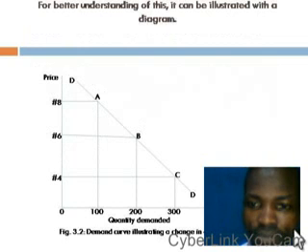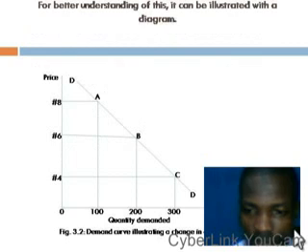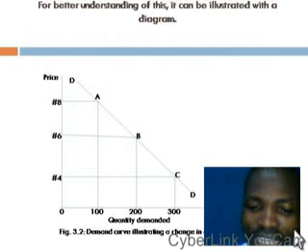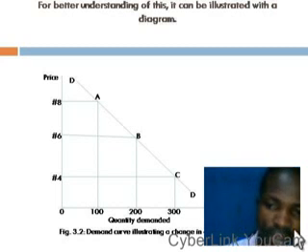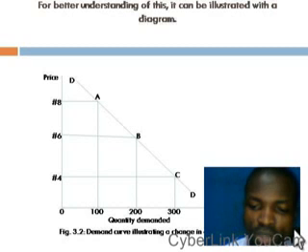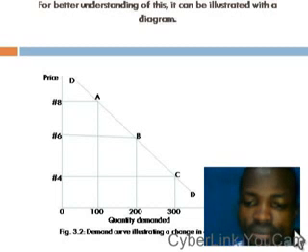Let's look at a diagram. For better understanding of this, it can be illustrated with the diagram. Look at it. This is a change in quantity demanded curve. You can see we have different prices, and at different prices, different quantities were demanded. When the price was 4 naira, the quantity demanded was 300 units.